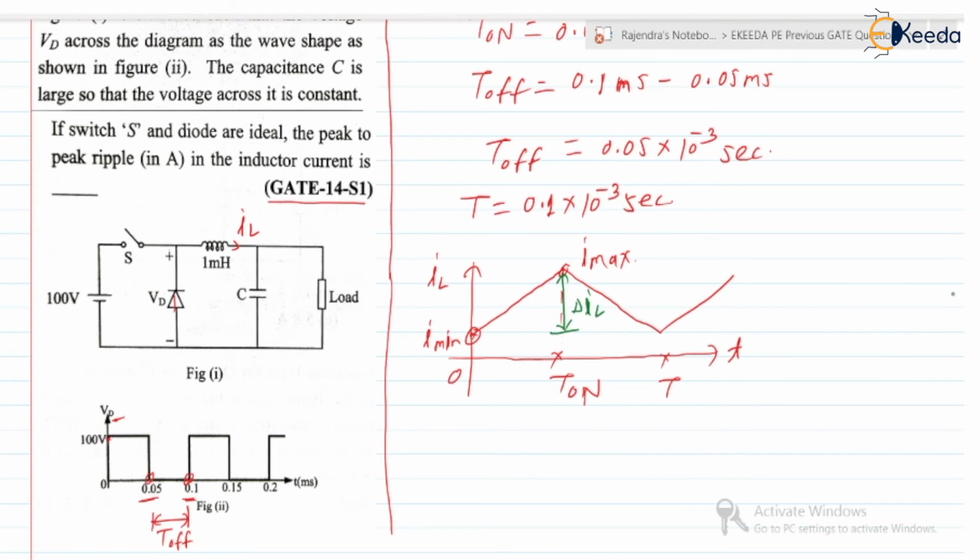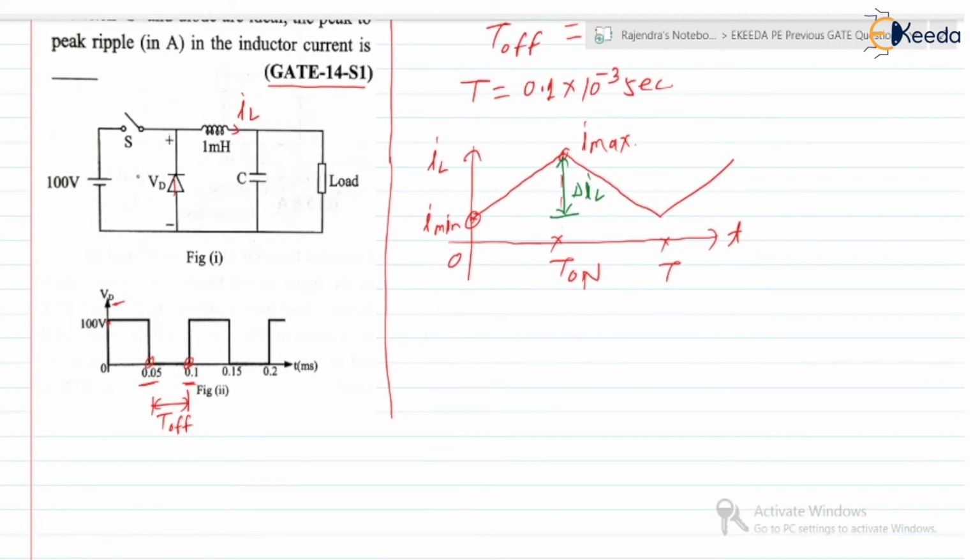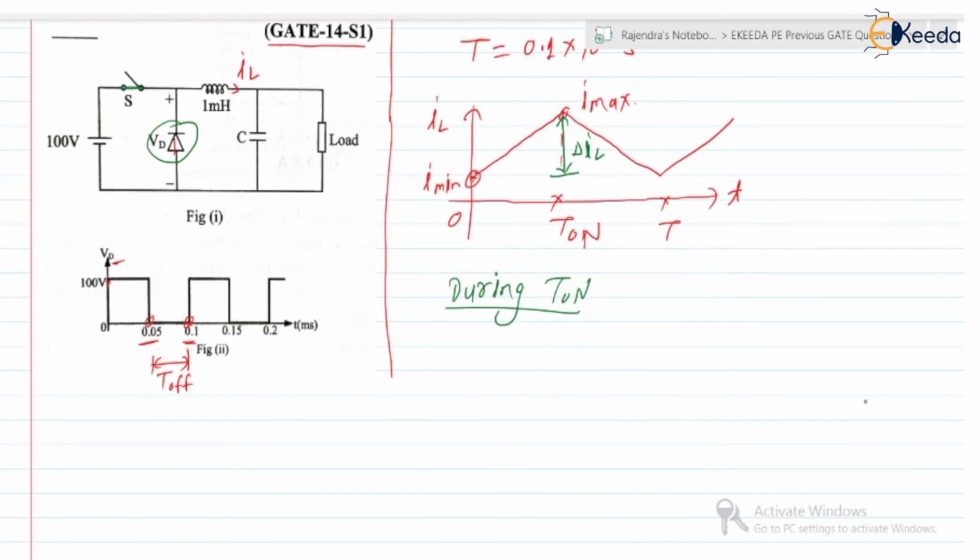Now during T on, can we apply KVL to the loop? During T on, the switch is in the on state and the diode will be in the off state. So can we apply KVL to the loop? Yes, or we can draw the circuit. The switch is in the on state.